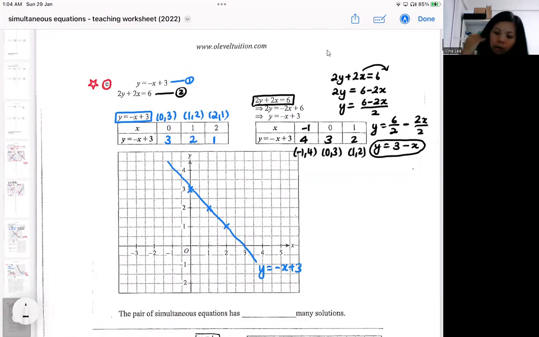Okay, let's try plotting the 3 coordinates. If you try plotting them, you look at what happened. This is the second line. Do you realize the second line is stacked on top of the blue line?